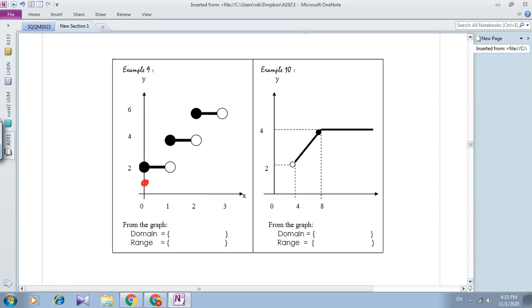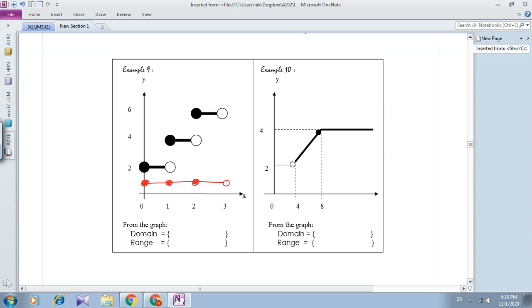We start at 0, and you can see that the graph is somewhat connecting until 3 but not 3. Because here we have black and white, it will become black. And once again at 2 we have both black dot and white dot, so this also becomes black dot.